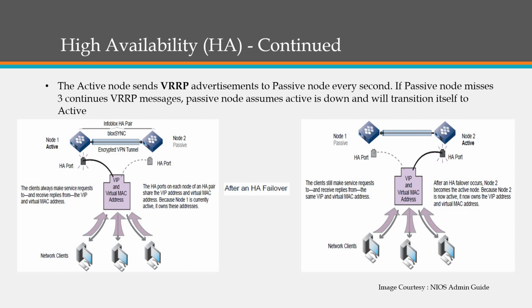At that time, the passive assumes that the active is down, but actually it's not. It's just that the connectivity between these two is down. So in that case, both node 1 and node 2 will be in active state. That's called a dual active condition. At that time, the virtual IP address and the virtual MAC keep switching between the HA ports of node 1 and node 2. We will then see a lot of inconsistencies in accessing the UI or the services.